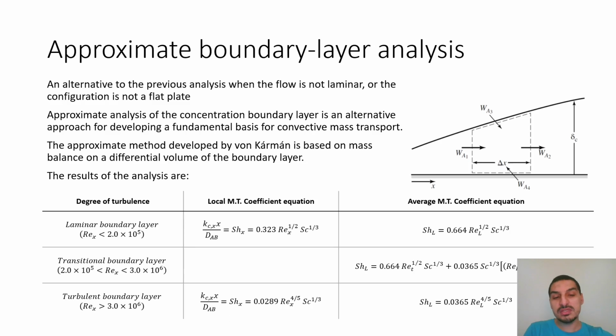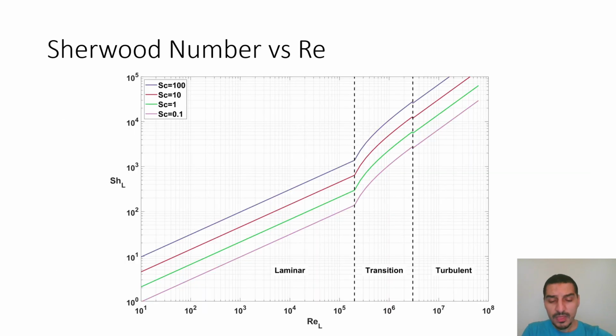So this is what we see from these equations, that the turbulent flow will have a much higher mass transfer coefficient than the laminar flow. And this is what we see here.